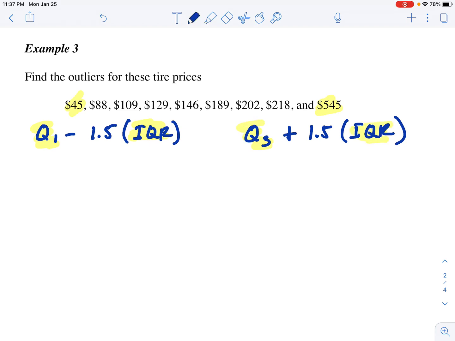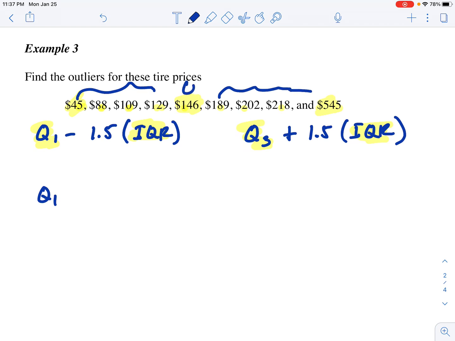Okay? So if we want to find our Q1, the first thing we want to find is that Q2, our median. We've got 1, 2, 3, 4, 5, 6, 7, 8, 9. Falls out perfectly, so we're going to look for that fifth one. 1, 2, 3, 4, 5, which is 146. As you can see, we've got 4 there, and we got 4 there.